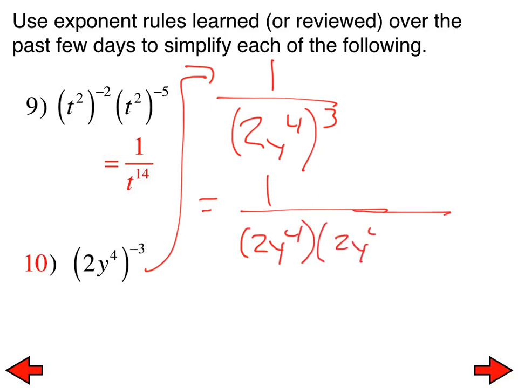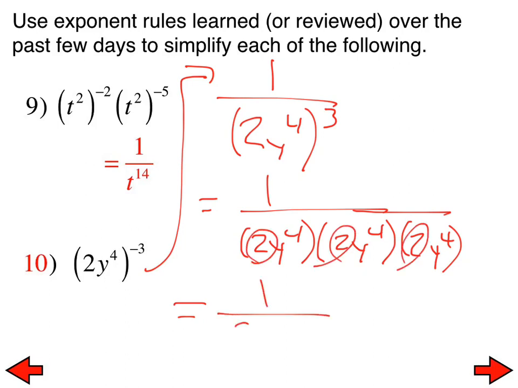Well, it's very simple. I saw some of you who forgot to deal with that 2 as the coefficient in what is now the denominator. So you should be able to see at this point that it's going to be 1 over, we've got 2 times 2 times 2 is 8, and y to the 4th times y to the 4th times y to the 4th is y to the 12th power. Okay? That's one way of looking at it.